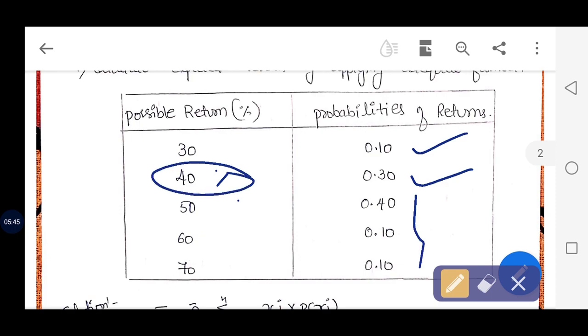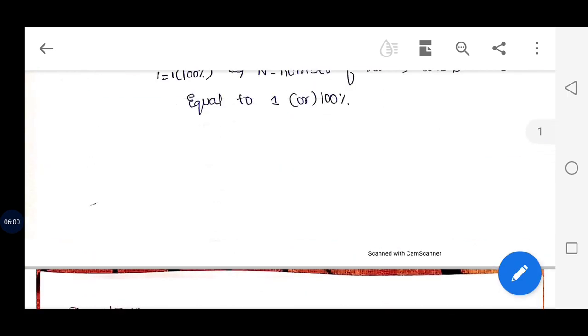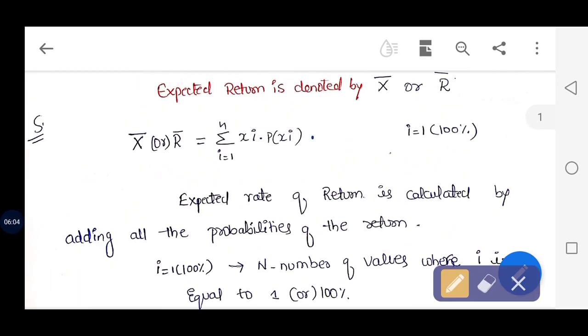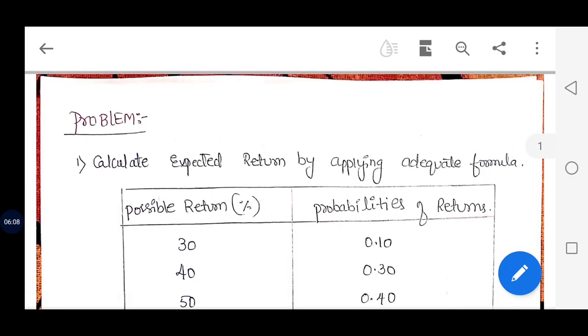So in the formula, x is the possible return, called xi. Xi equals possible return, and pxi equals the probability of returns.